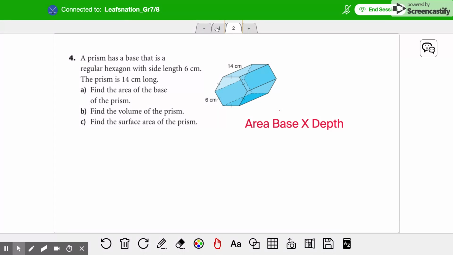Okay. So we just found the area of the base. 6 times 5.2 divided by 2 is 15.6, multiplied by 6, which is 93.6.